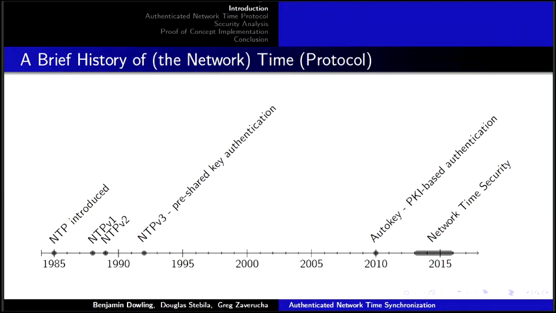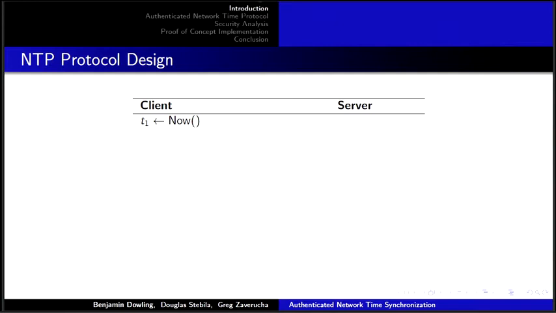In addition, it has a trusted certificate self-sign setup that is trivial for an adversary to force a client to utilize. So it's not quite that great. Now in 2013, essentially an evolution of AutoKey was introduced, which is the Network Time Security Protocol. And it inherits a lot of design features, including PKI-based authentication, but we'll elaborate a little bit more on that in a little while.